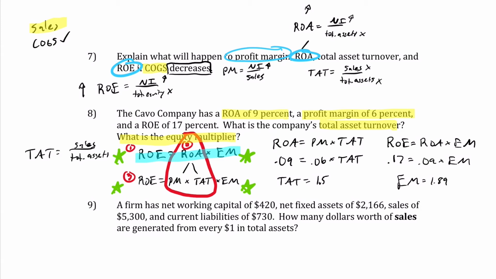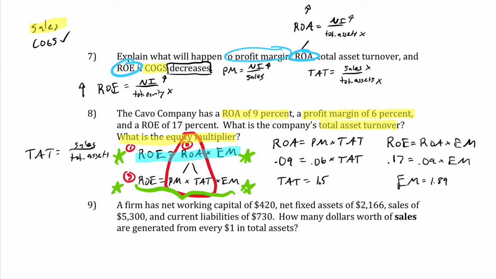Step 2 was to take ROA and break it down in a similar fashion into the product of profit margin and total asset turnover. And then the full DuPont identity says that the return on equity for a company can be broken down into profit margin, your expense management, total asset turnover, your asset management, and your equity multiplier, which is debt management. All right, continuing on.